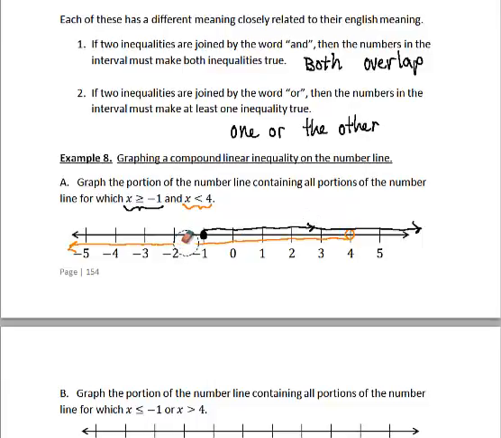And so what I would do is I would clear this part of the number line that only has one shaded region, and then over here, the numbers above 4, they only satisfy the first inequality, but the numbers in the middle satisfy both.